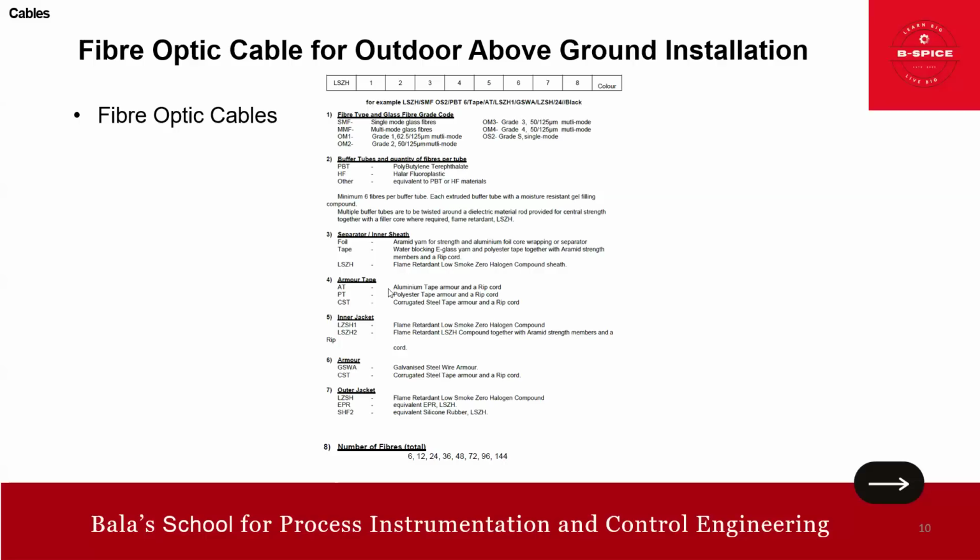What is AT? AT is nothing but aluminum tape armor. Then we have ZH1, so basically flame retardant together with aramid strength, and ZH, that is again the outer jacket. Then 24, basically that is the number of fibers. Then we have black, friends. So this is how we designate this fiber optic cable for outdoor installation above ground.